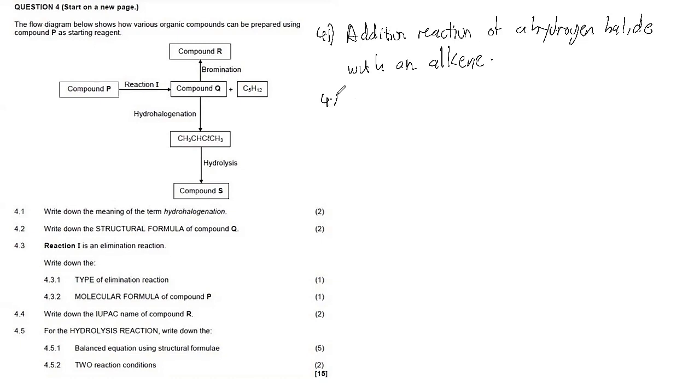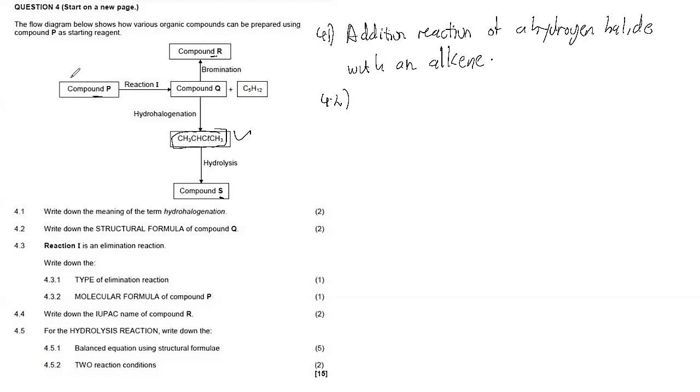Then 4.2 says write down the structural formula of compound Q. But if you look at all this, we don't have anything for compound P, we don't have anything for compound R, but we don't have anything for compound S. But then what we have here is, after the hydrohalogenation, we have this compound here. So this is CH3, CHCl, CH3.